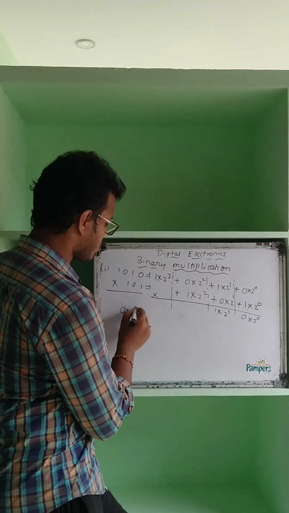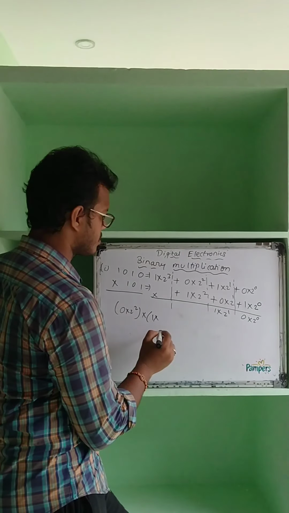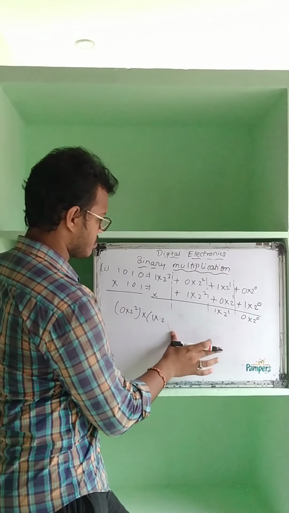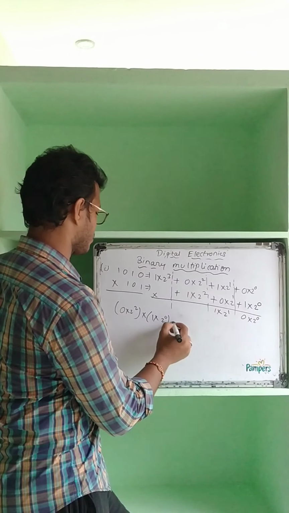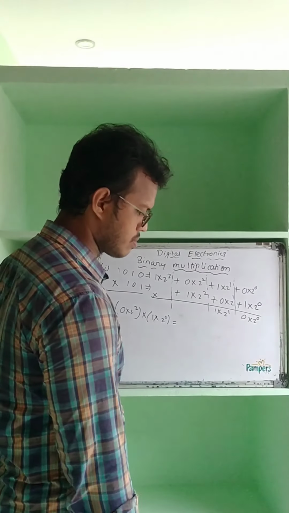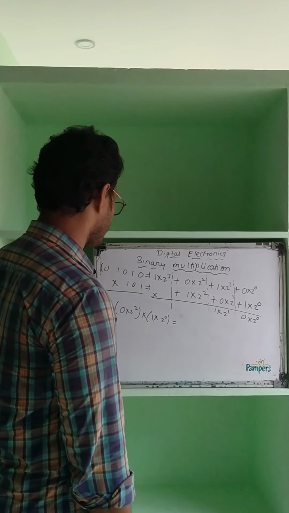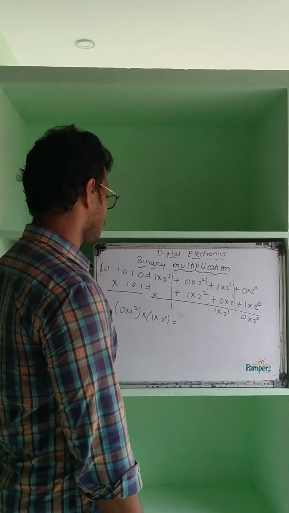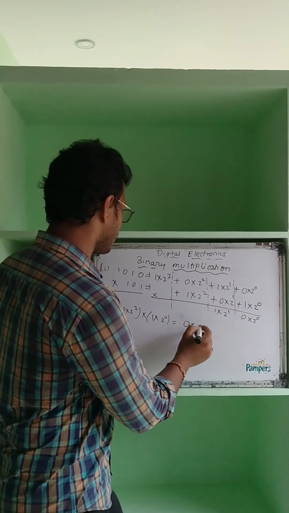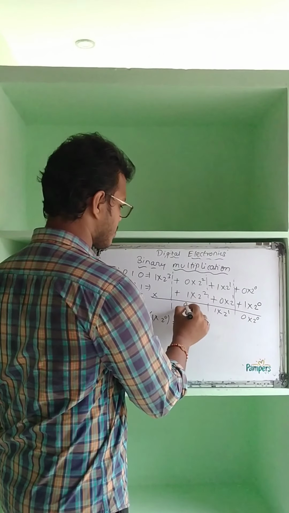Next, we have to multiply 0 into 2 square by 1 into 2 power of 0. 0 into 1, 0 into 2 square, so we get 0 into 2 square.